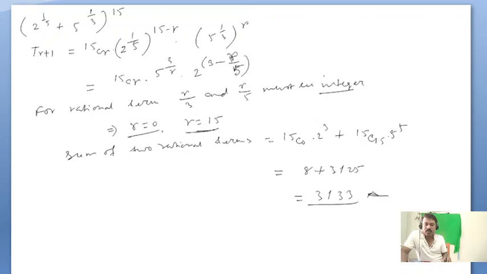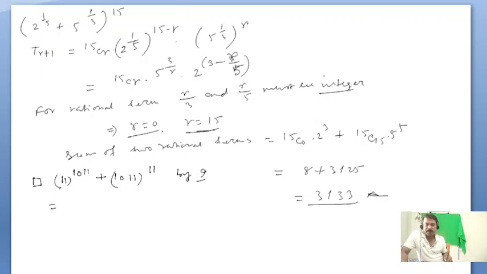We have here 11 to the power 1011 plus 1011 whole to the power 11, we divide by 9.